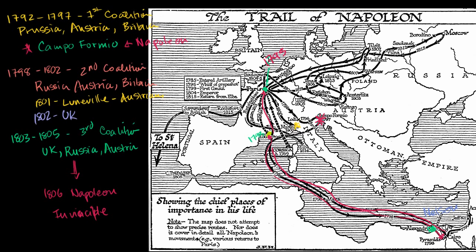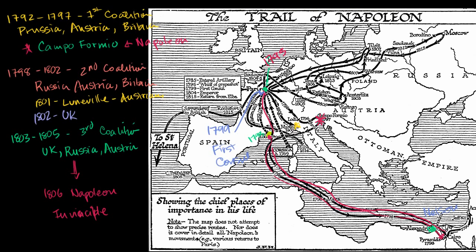But in short order, he is able to declare himself as first consul in 1799. So in 1799, he is first consul and is essentially the dictator or the authoritarian ruler of France.